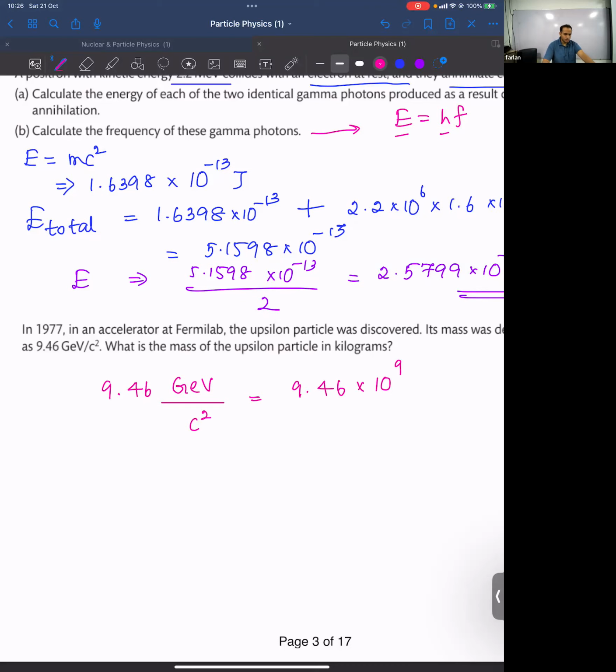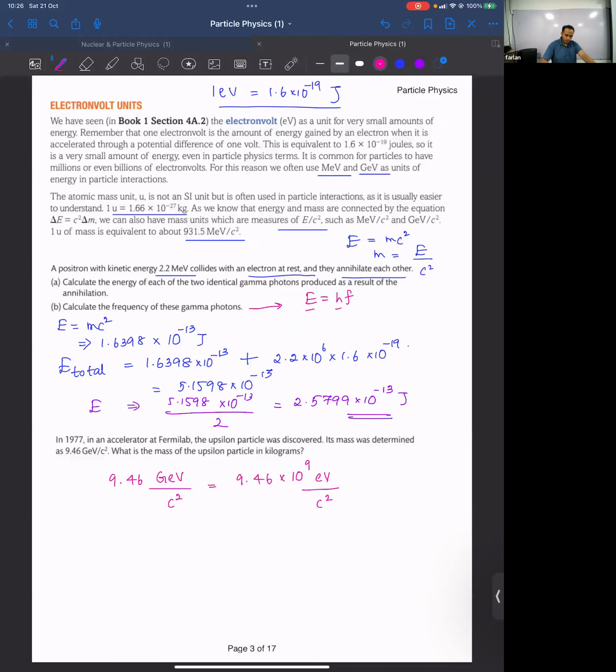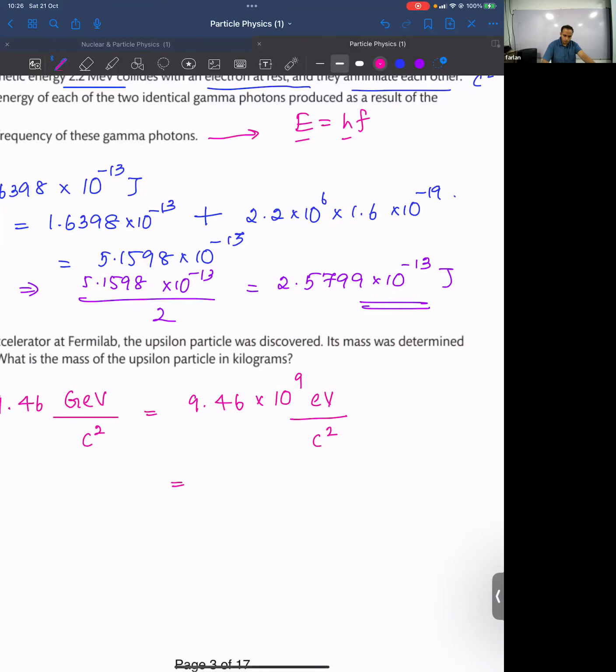Then it becomes 9.46 into 10 to the power 9 electron volts over c squared. Then to convert electron volts to joules, you multiply by 1.6 into 10 to the power minus 19, over c squared. c is 3 into 10 to the power 8, squared. This will give you the mass in kilograms. Understood? Get the value?